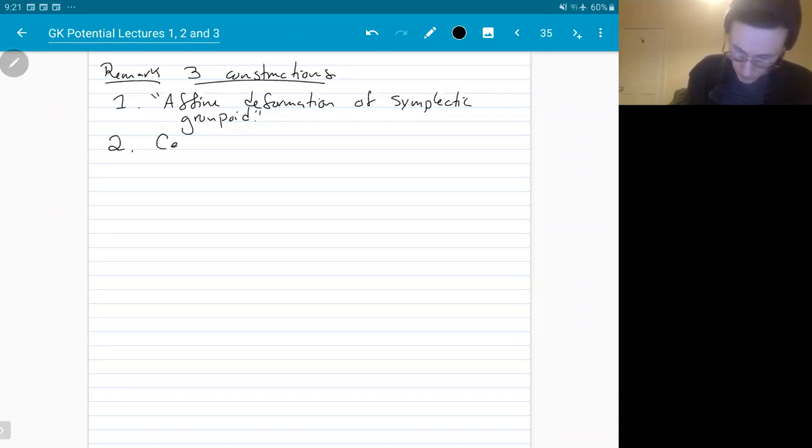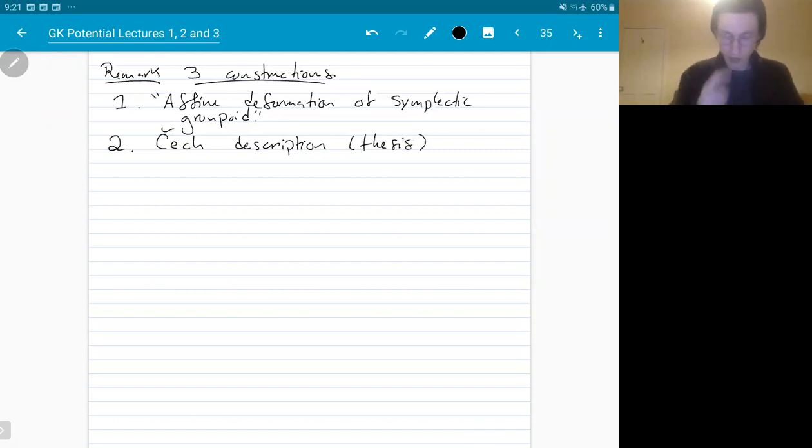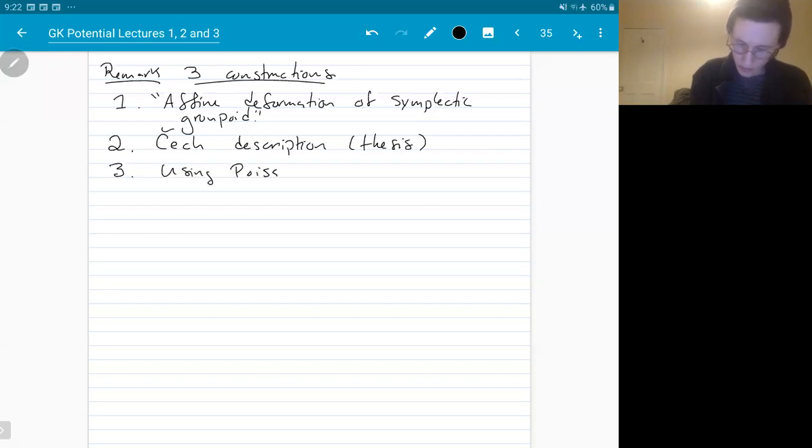There's also the Čech description, which is the first one that I presented. This also works, but it's not as nice. But if you're interested, I explained how to do this in my thesis. And then the third description was the one where, if your Kähler structure was pre-quantizable, then using the line bundle, you can also construct the space that way. This also generalizes, at least in certain situations where you have to use Poisson line bundles.